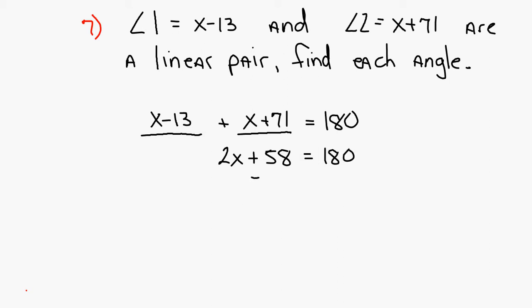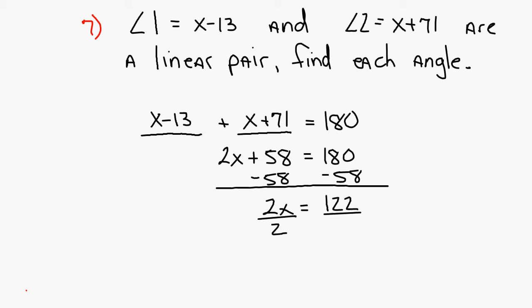All right, so subtract 58 from each side, and 2x equals 122. Divide both sides by 2. x is 61. Now answer A might be 61 or something like that, but that's not the question.